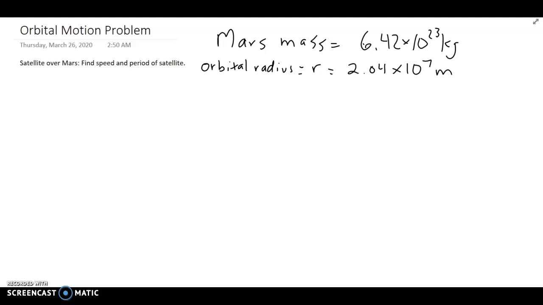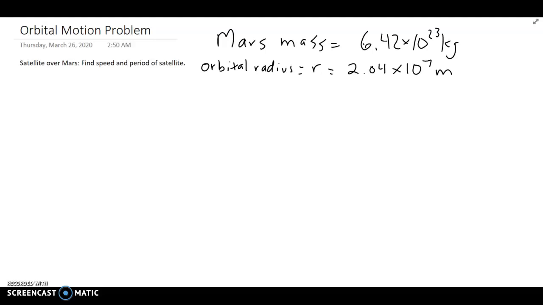We did have one of our examples, the example from CK12 from Mercury, where you had to add up those two distances to get your entire orbital radius. This orbital radius, on the other hand, is already from the center of the planet, Mars, to the satellite, and so we just need to use this number here.